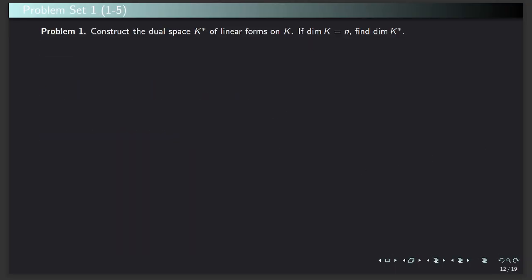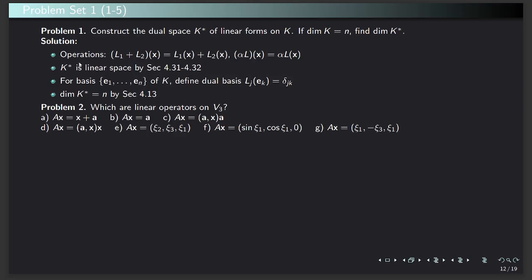So problem 1 requires us to construct the dual space of linear forms and find its dimension. The set of linear forms on the space K itself forms a linear space. So let's formulate the strategy, right?